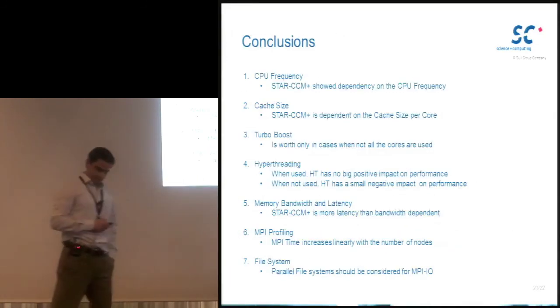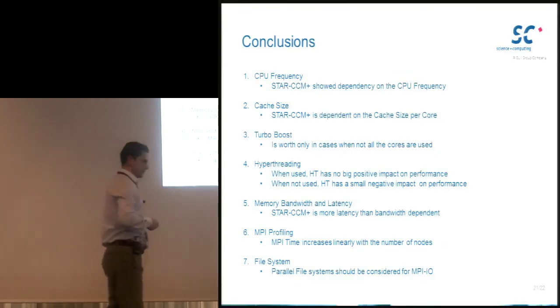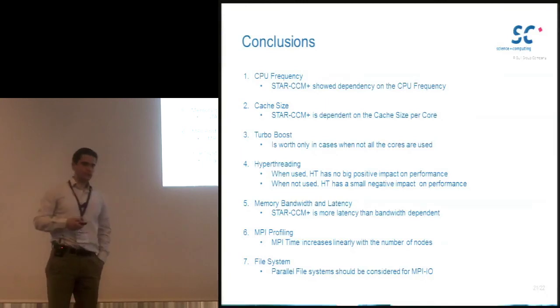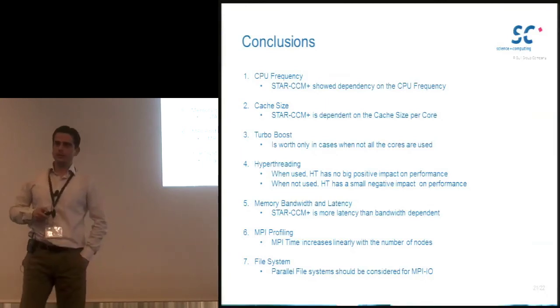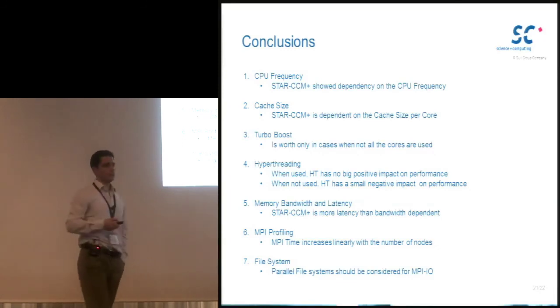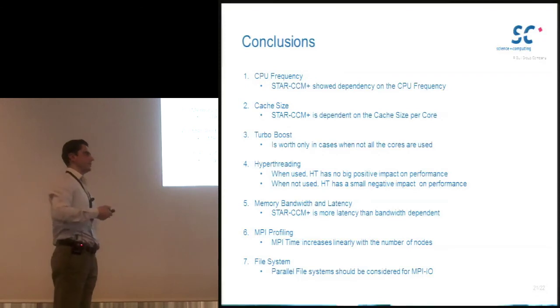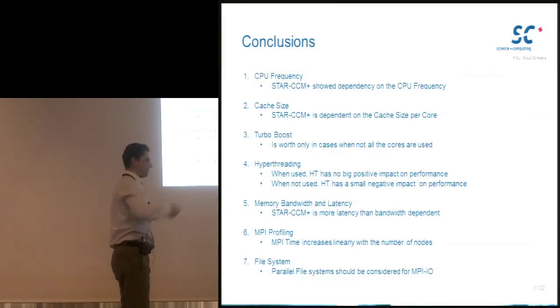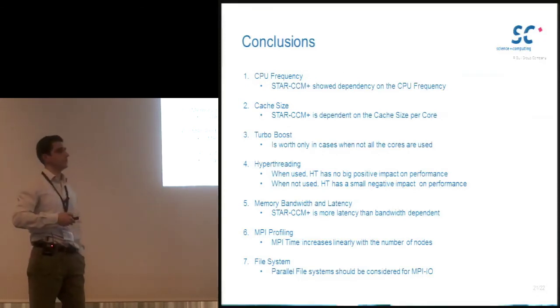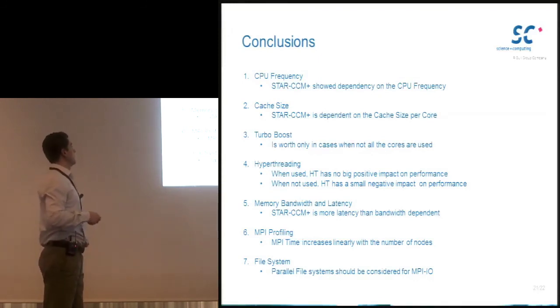So to conclude, the application is dependent on CPU frequencies, so a CPU with higher frequency would be better. The application depends more on the cache size per core than on the memory bandwidth, but at some point you will also reach the memory bandwidth limit if you have a lot of tasks in one node, especially when you use hyperthreading.